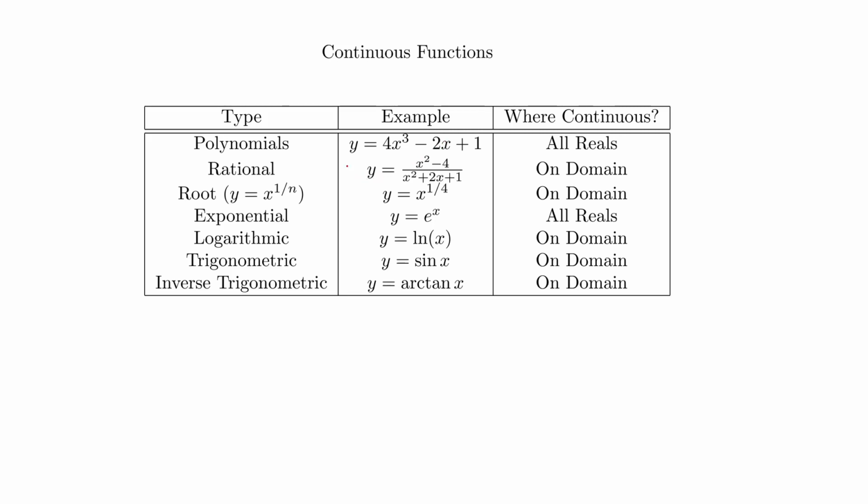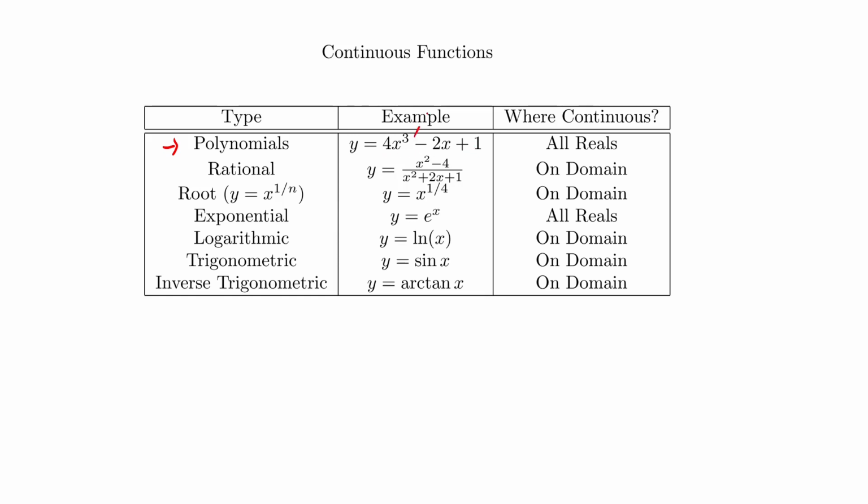Okay, so a polynomial, for example, is going to be continuous everywhere. So again, what is a polynomial? It's any type of function, and there are a couple of key things that are important. One is that there needs to be a finite number of terms. You can't have an infinite number of terms.